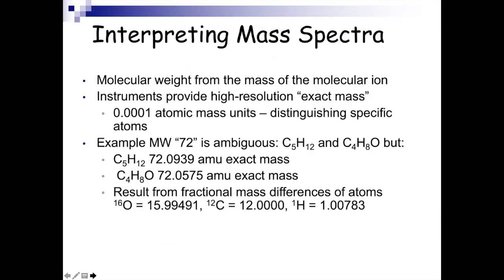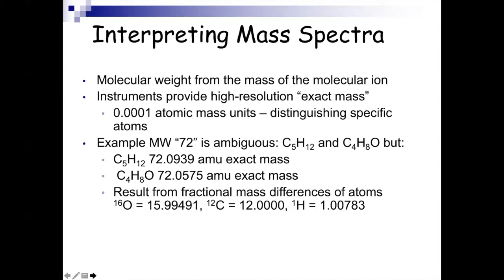Now let's talk for a few minutes about interpreting mass spectra. Some instruments are so specialized that we get high resolution, or more exact mass determination, all the way up to 0.0001 mass units. That really helps us decide what atoms are actually involved when the molecular weight seems ambiguous. For example, say we have a molecular weight of 72. We could have C5H12 or we could have C4H8O.